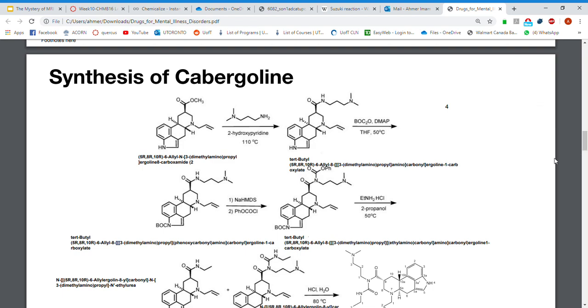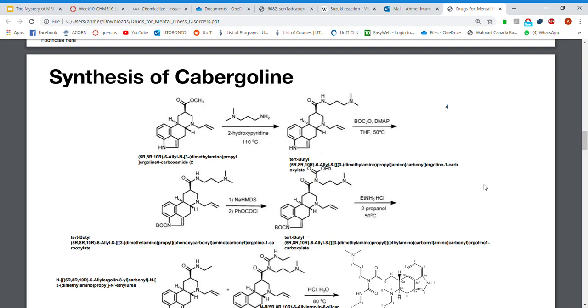The Boc literally just protects the nitrogen group. Exactly, it protects it because we don't want this specific nitrogen to be reacted with the future reagents being used.